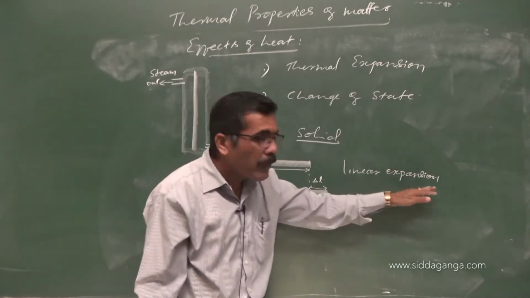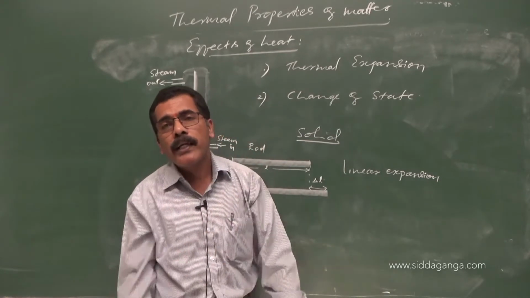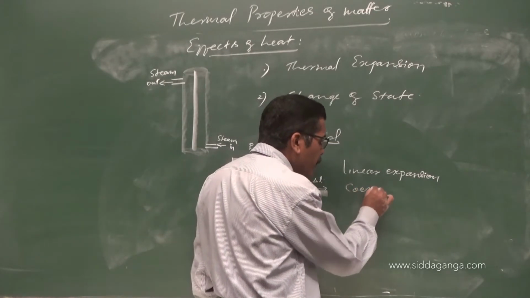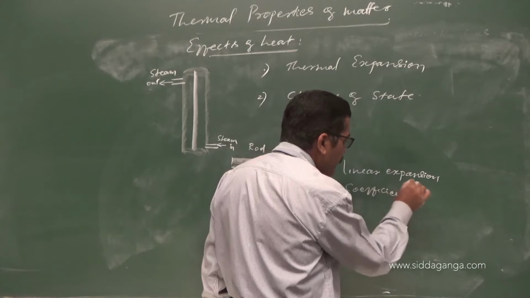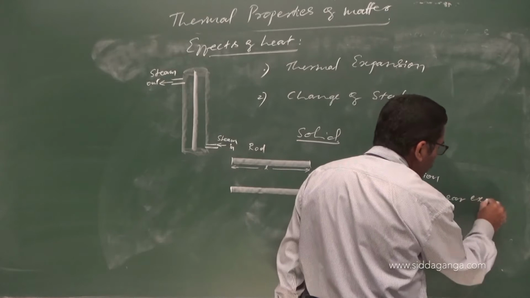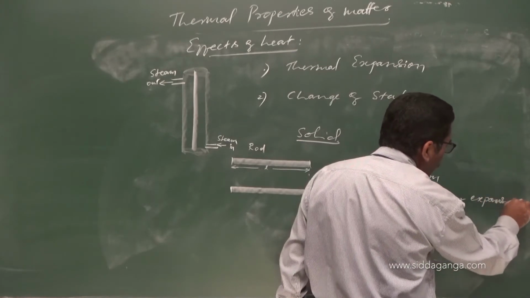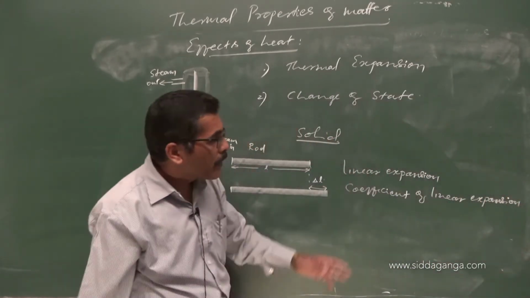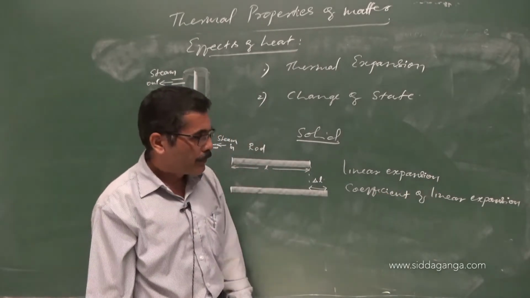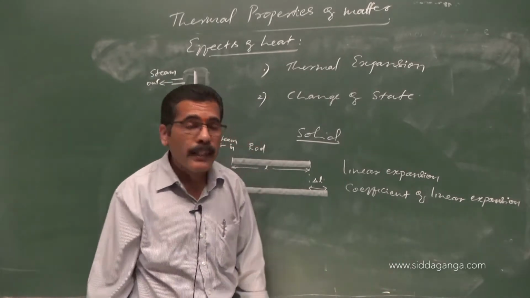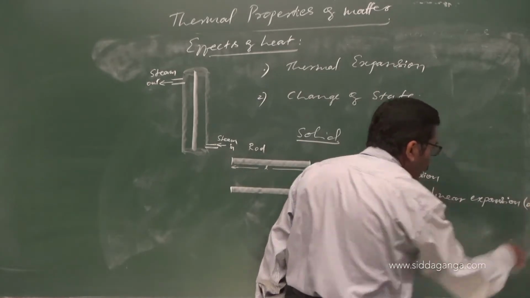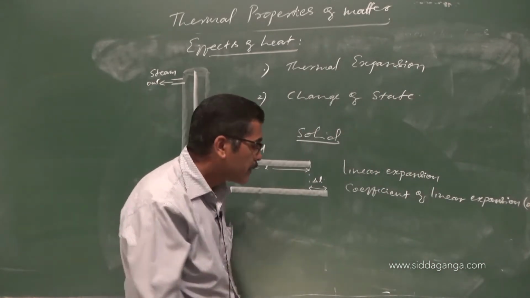And this linear expansion is characterized by a constant called the coefficient of linear expansion, or linear expansion coefficient, which we indicate by alpha. How can we define this?